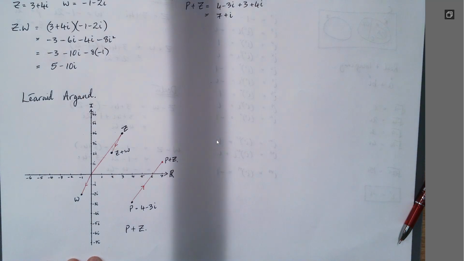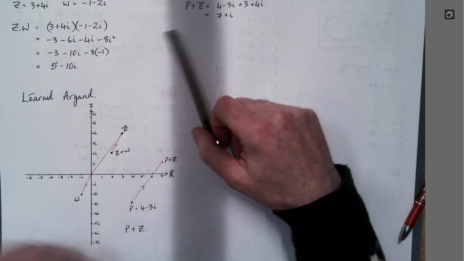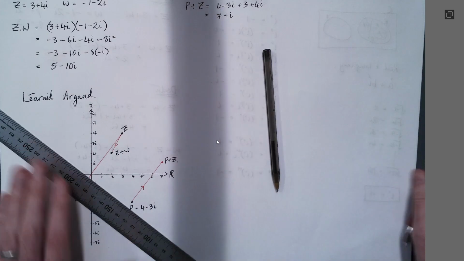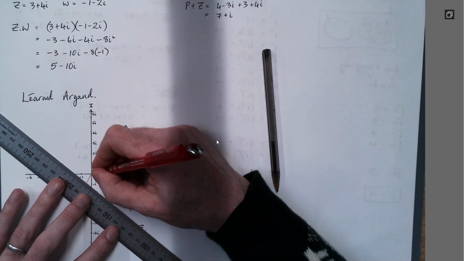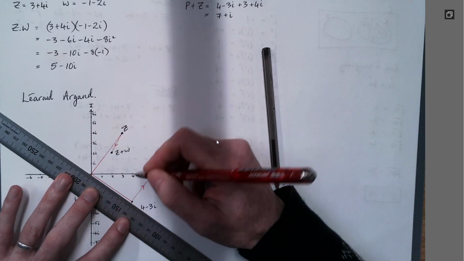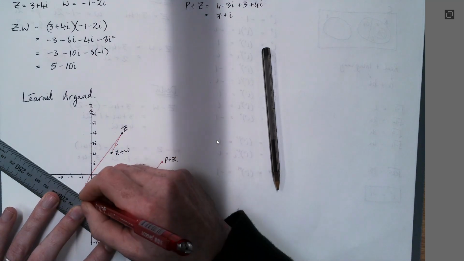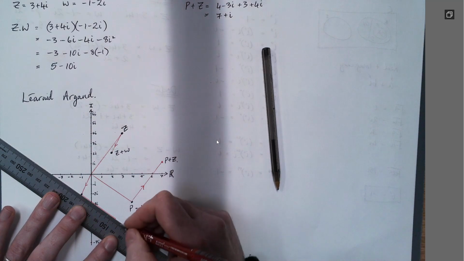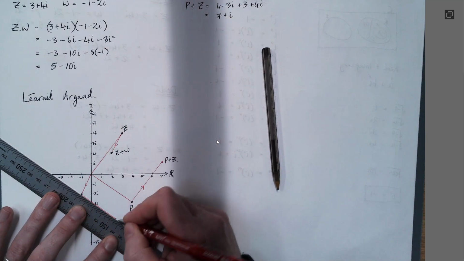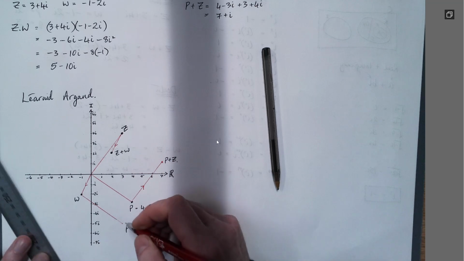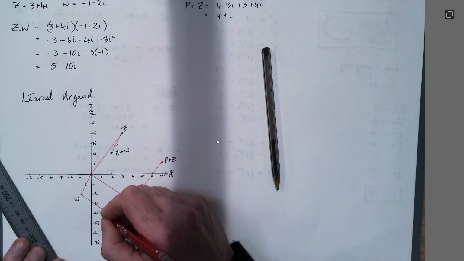So let's figure out W plus P. W plus P. Huh? So it goes from the origin to P, and the image, and the slope.